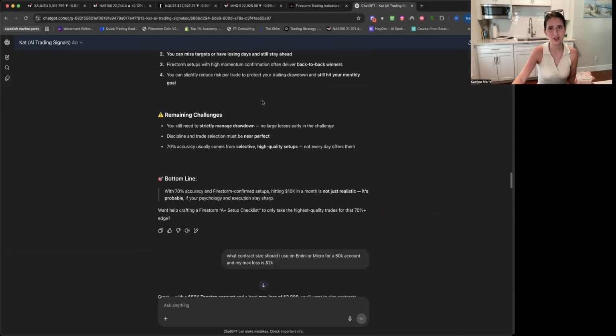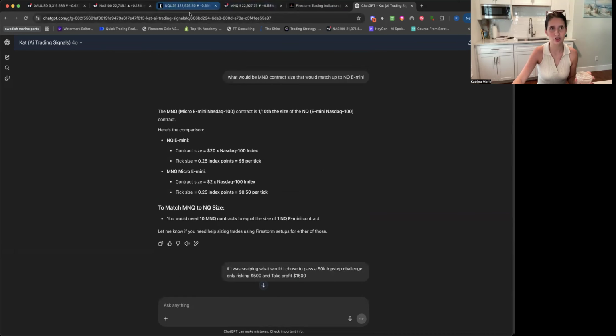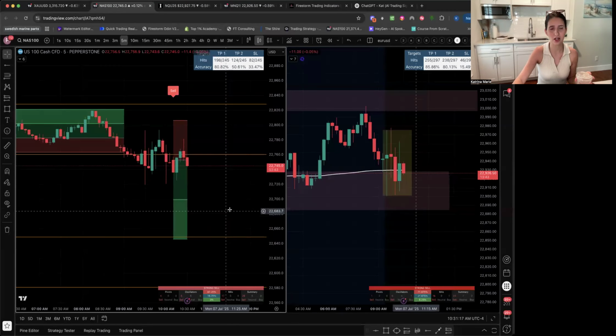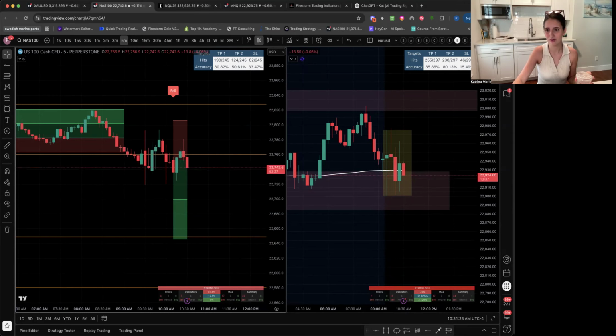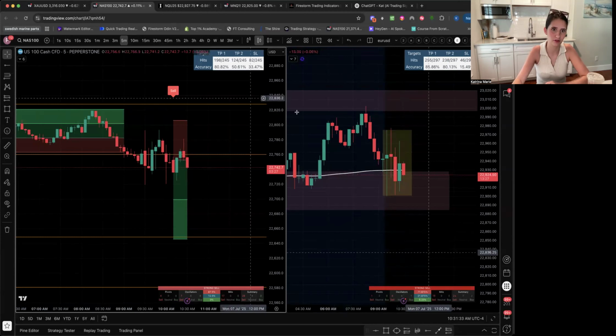But this GPT, don't sleep on it. I mean, it gives so much value other than just looking at your chart. And you could say, like, all about the residual or affiliate. Yes. So right here, let's say we screenshot this little area here.